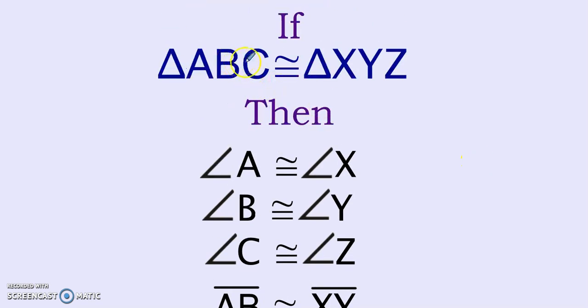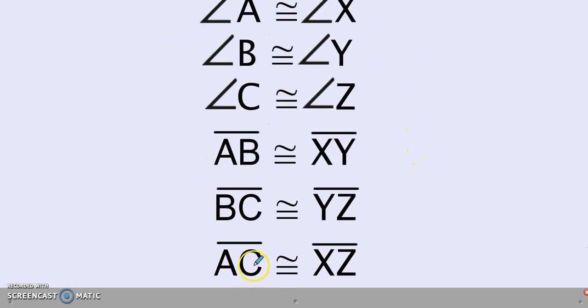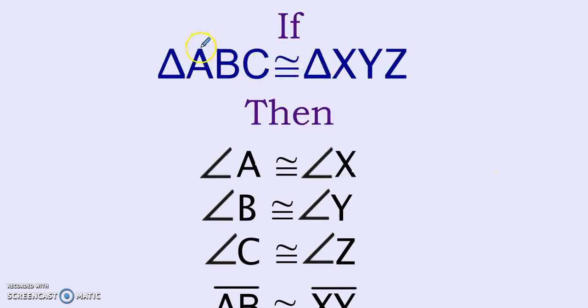We also have BC is congruent to YZ. So BC, which is second and third, is congruent to YZ, which is second and third. And then finally, AC is congruent to XZ. AC, which was first and third, is congruent to XZ, which is first and third.